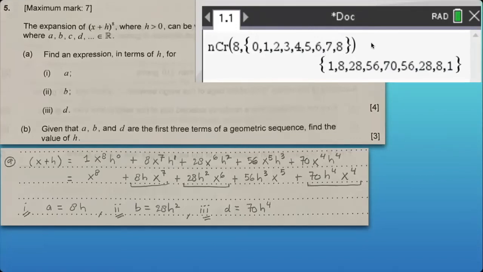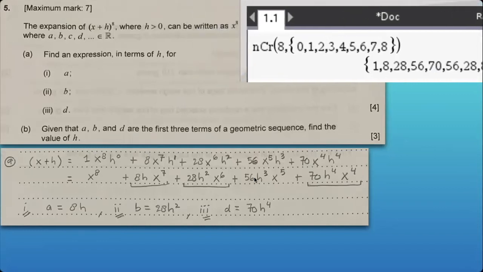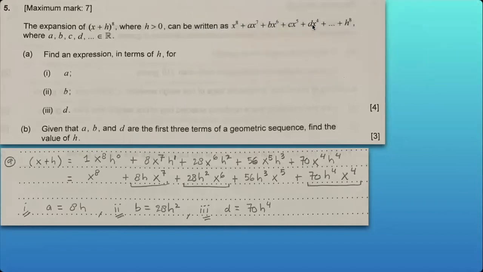And then you press enter, and these are the coefficients. So we put 1 there, 8 there, and then 28, 56, and 70. So we don't need to use all of these, yeah? Because the question only wants us to focus up until D.